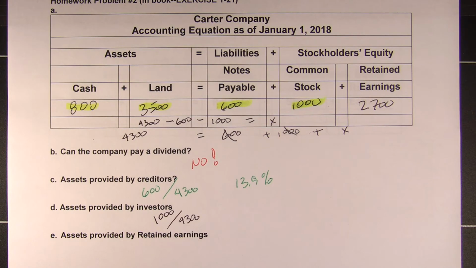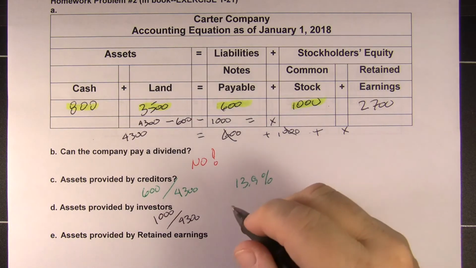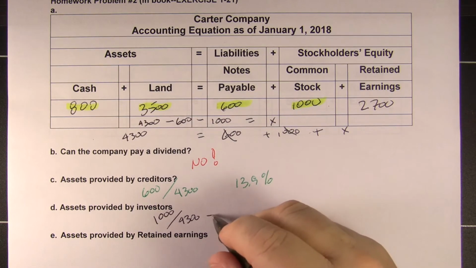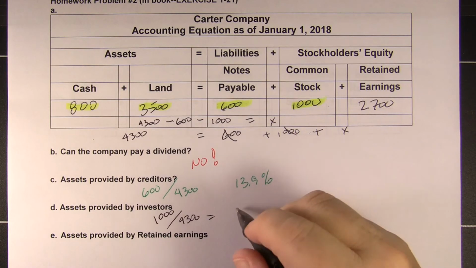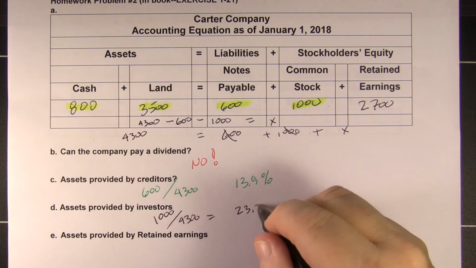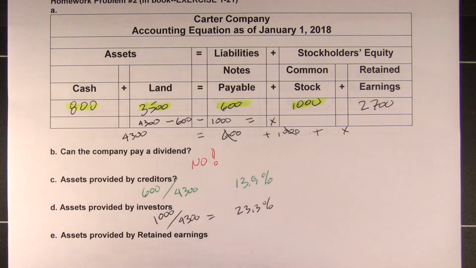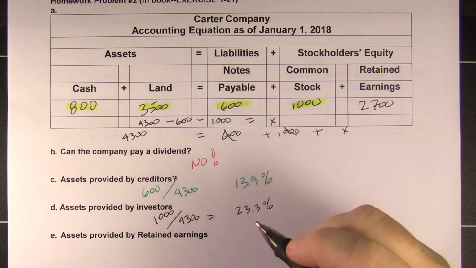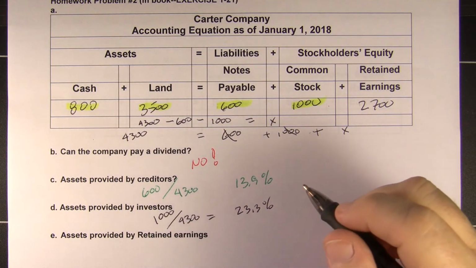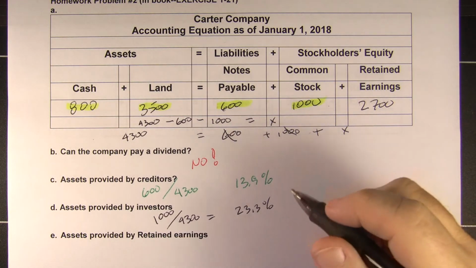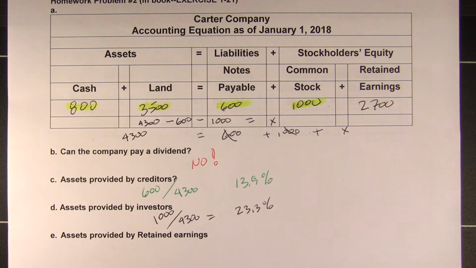So 1,000 divided by 4,300 is 23.3%. It's actually 23.2 something or other. 23.3 is close enough for government work.